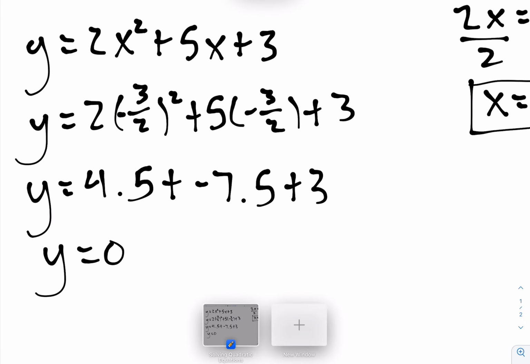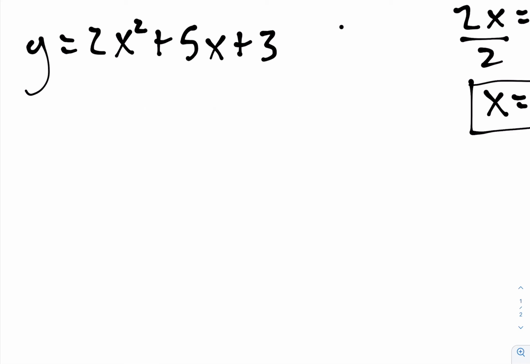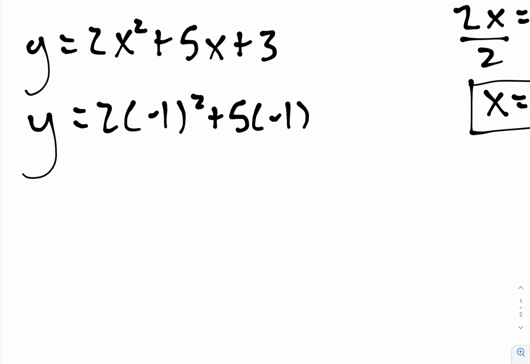Okay, so now let's try it with the negative 1, because that should also work. And if one of them doesn't work, then that solution isn't correct. Okay, so y equals 2 times negative 1 squared, we're seeing if this is correct, plus 5 times negative 1 plus 3 equals 0. Let's see, well, negative 1 squared is going to be 1.